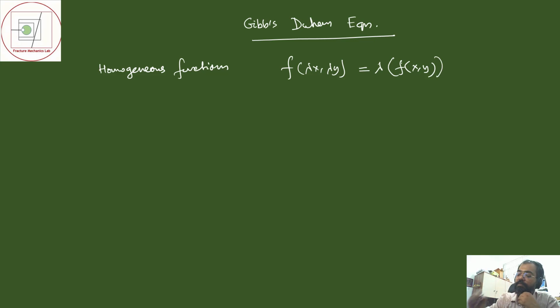Depending upon the degree of it, it can be lambda, or lambda square, or lambda to the power n, and that is called the degree of the homogeneous function.